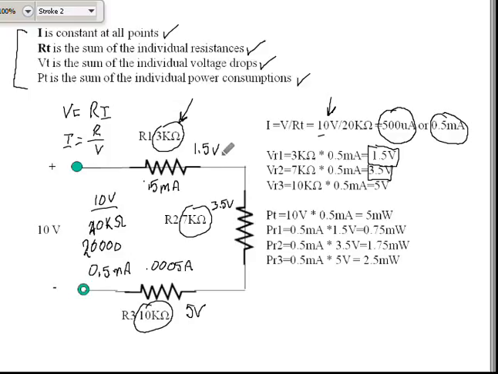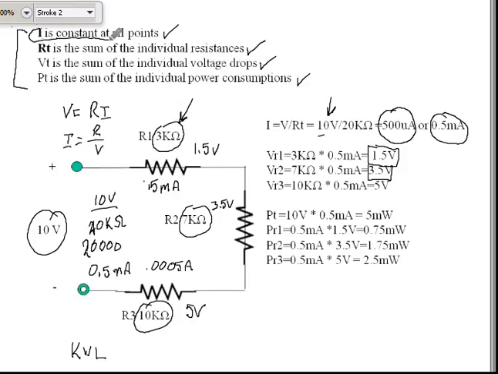Add those three voltage drops up, and you're going to end up with 10 volts. So, that's proof of Kirchhoff's voltage law, all based on the fact that current is constant in all points of the series circuit.